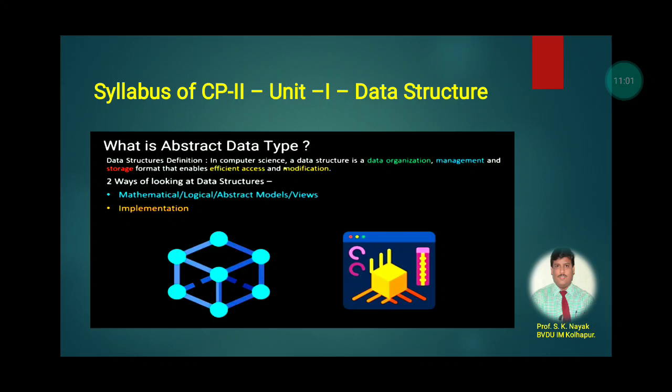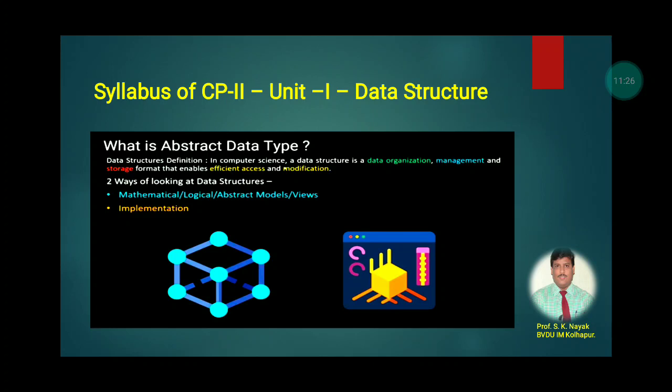So implementation will be the last stage, and first we have to define the mathematical, logical, and abstract or different types of views of a particular concept. Now when we are declaring any data which is of abstract type, that means it cannot be directly executed. Later on we will have execution.